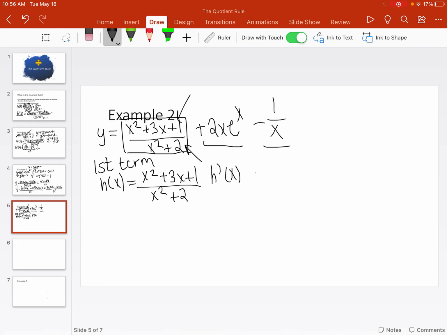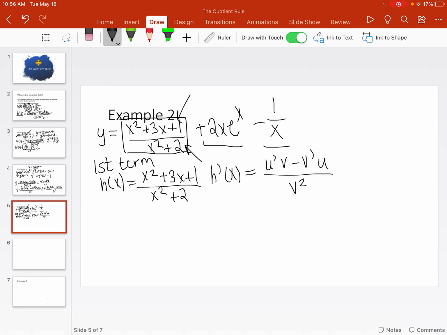And we know the quotient rule. So write out the quotient rule. When you're starting off, you want to write these rules out. I'm going to use the reparameterized version: u prime v minus v prime u, all over v squared. Now, usually we say the numerator is u and the denominator is v.